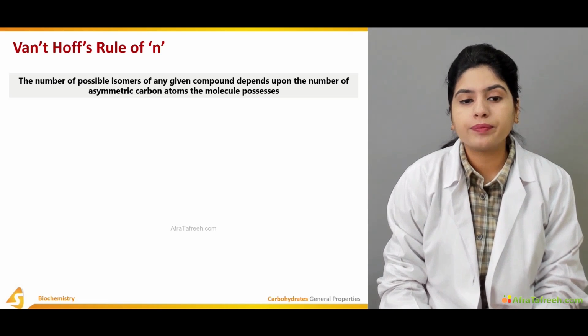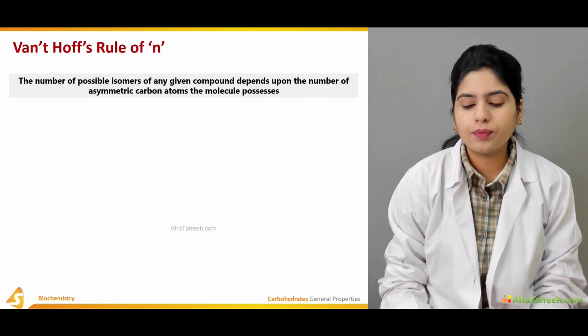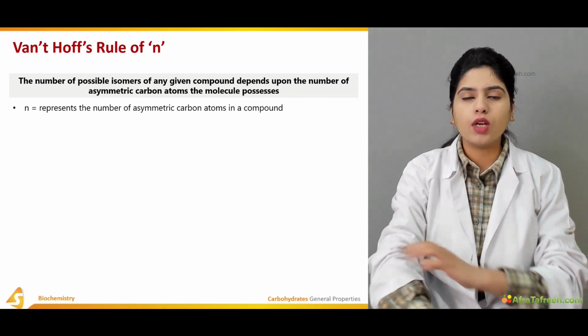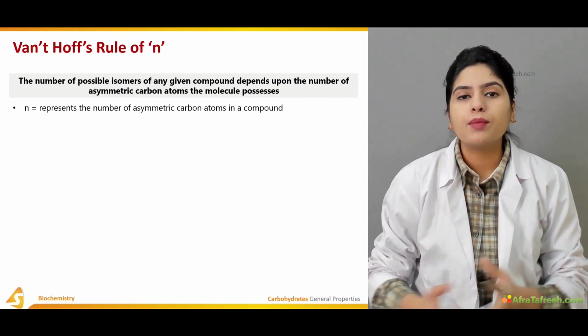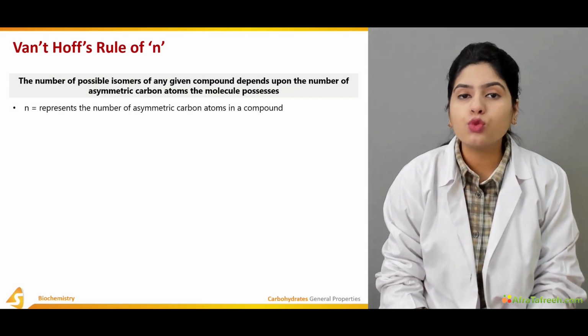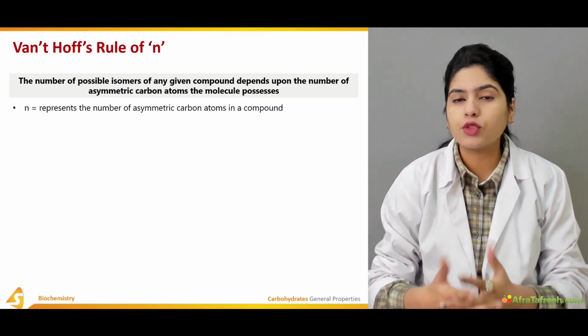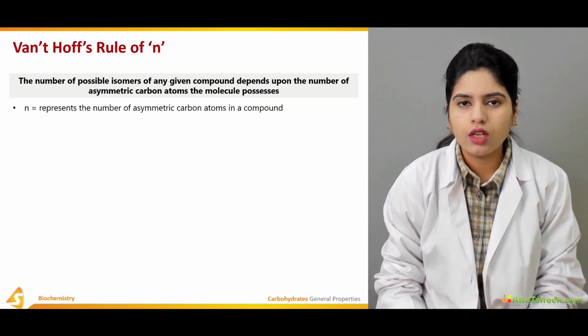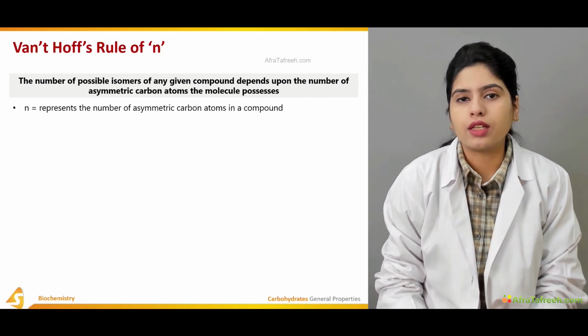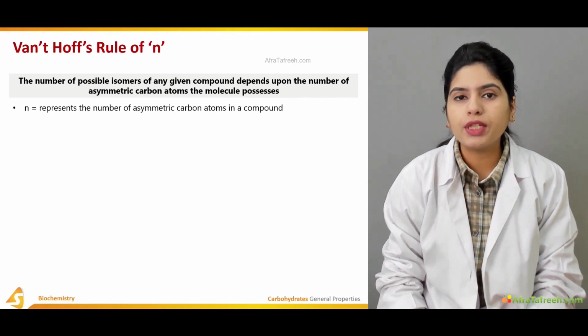Here n represents the number of asymmetric carbons in the formula 2^n. For example, if a molecule of the carbohydrate has 2 asymmetric carbon atoms in its structure, then the number of isomers that it will have is 2^n, 2 multiplied by 2, it will be 4.